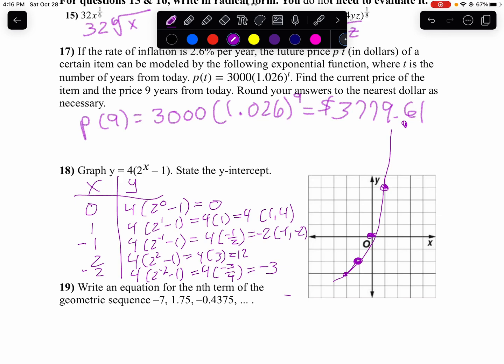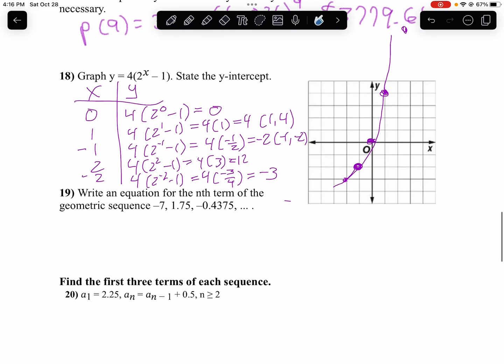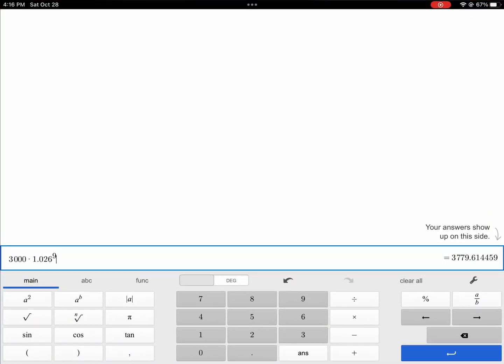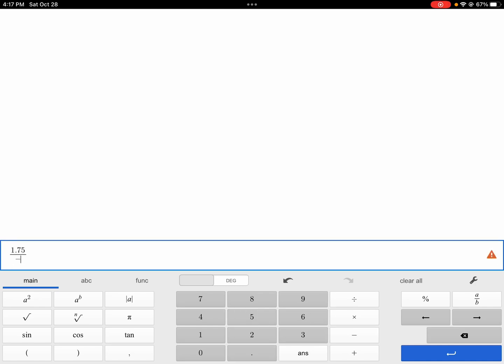Okay, let's take a look at number 19. On number 19, I want to write the explicit formula because it says the nth term of this geometric sequence. So I'm going to say a sub n equals my first term. Well, my first term is negative 7. I better find my ratio. So if I take 1.75 and I divide it by negative 7, what do I get? 1.75 divided by negative 7, I get negative 0.25.